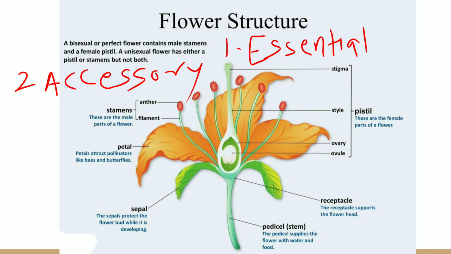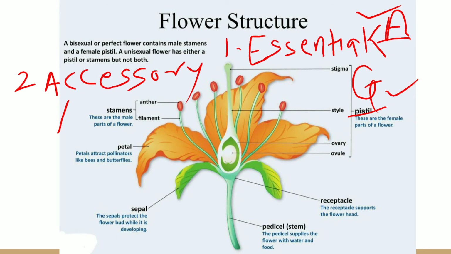So essential whorls include androecium and gynoecium. Androecium is the male reproductive part, gynoecium is the female reproductive part, whereas accessory whorls include calyx and corolla.